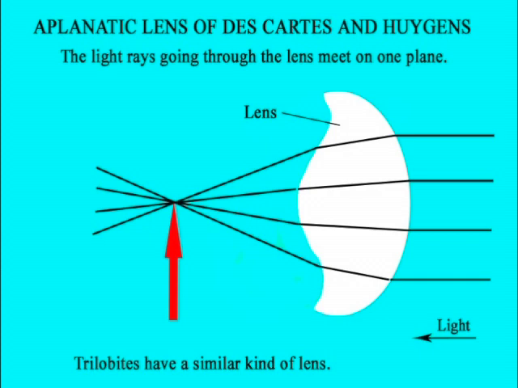If you shape your lens the way this lens is shaped, the white shape you see there, the parallel rays that come in from a distance into the eye will all focus on one point, as is shown by the red arrow. And so there are ways of correcting for this.